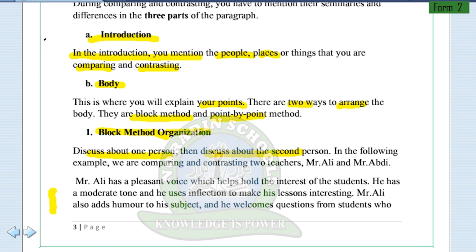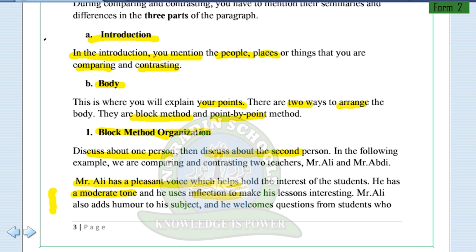Mr. Ali has a pleasant voice which helps hold the interest of the students. This is about Mr. Ali. He has a moderate tone and he uses inflection to make his lessons interesting. Teachers are not the same.